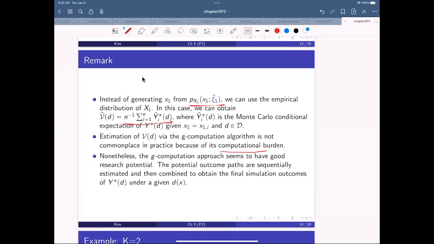In his book on causal inference, he puts a lot of emphasis on G computation. Let me see if I have it. I can show you quickly. Why not? Sorry. Maybe I will just give the link in the announcement.